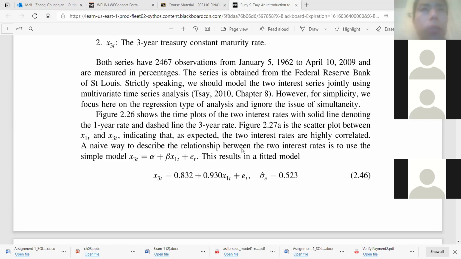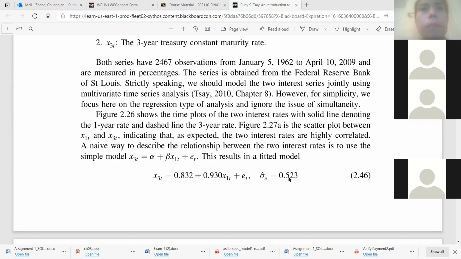Another way to describe the relationship between the two interest rates is to use a simple model. Usually such a model can give us initial thoughts on the relationship. We let R do that. R runs the regression and gives a standard deviation of 0.523. Again, this assumes it's constant, right?